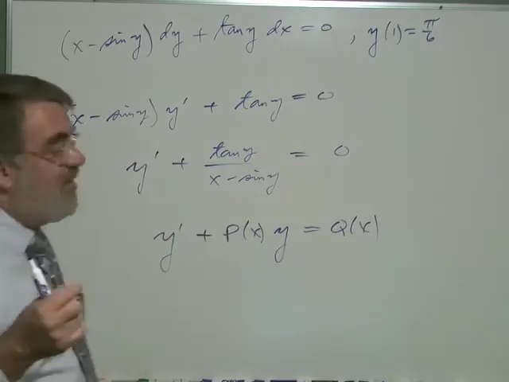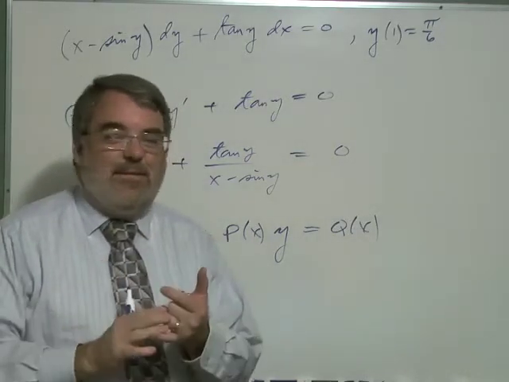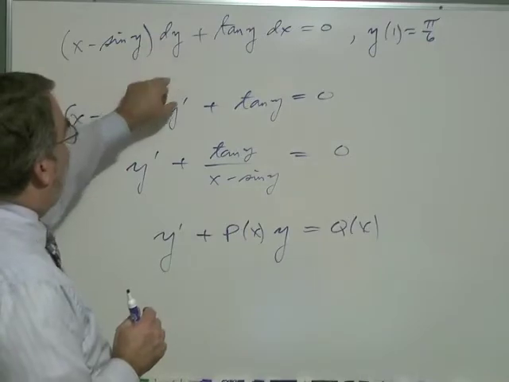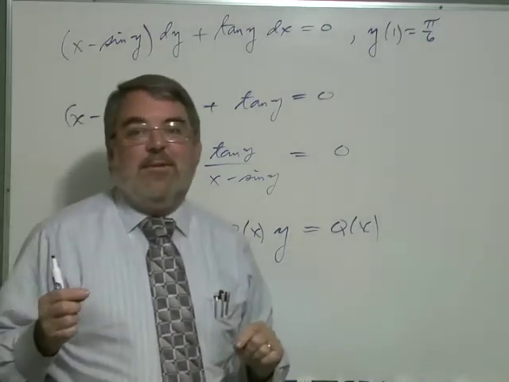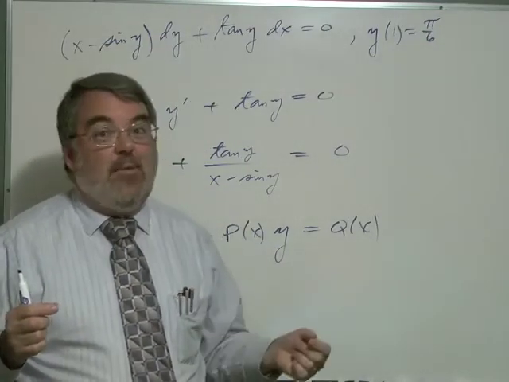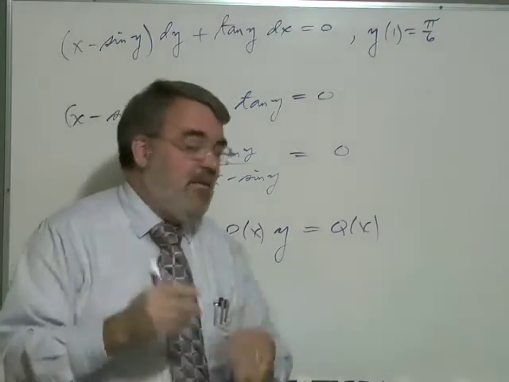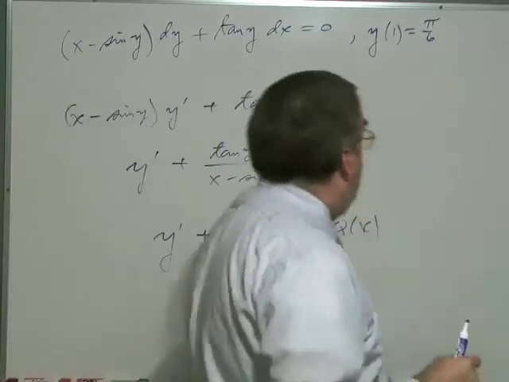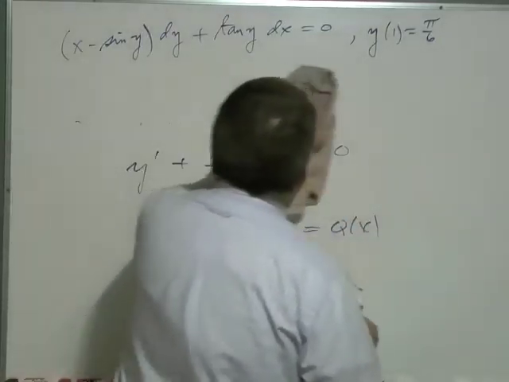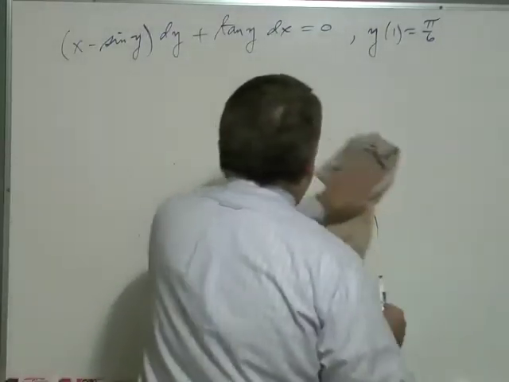Okay? Unless, what if we do this? What if instead of getting y prime, dy over dx, maybe we should divide by dy and get x prime, dx over dy? Let's try that. And I believe it works. So I'm going to take a different approach here, a little bit different looking approach.